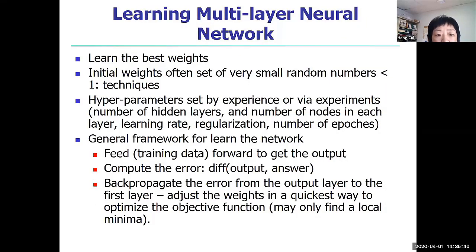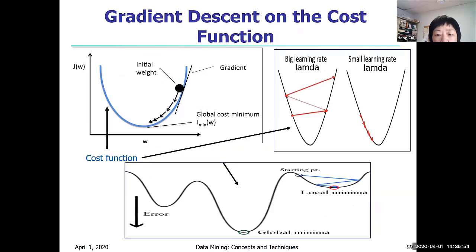So learning the network, I think we actually went through this already. Feed forward is to get to the output and then find the difference and then back propagate the error. We went through this earlier, but the idea of backpropagating errors is a way to minimize.